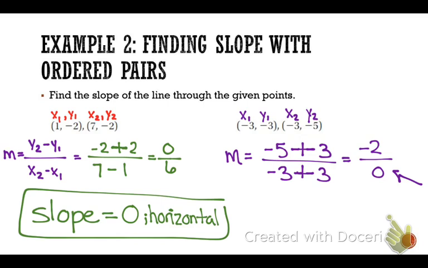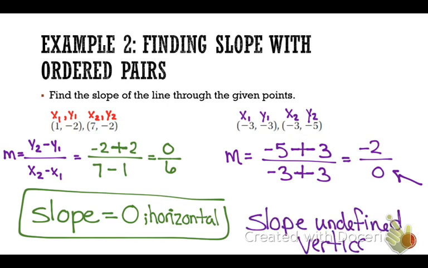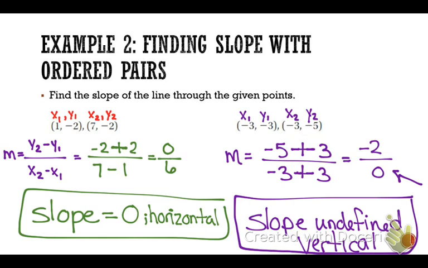It doesn't go left or right at all. That means the points are directly vertical. This is an undefined slope, which is a vertical line. This will make a lot more sense when we get later in the chapter and start talking about functions and whether or not something's a function. All right, but vertical lines will have an undefined slope.